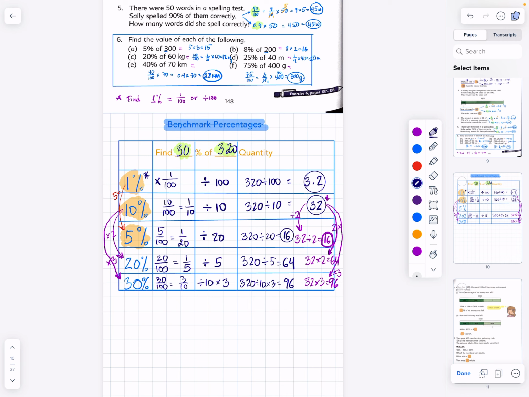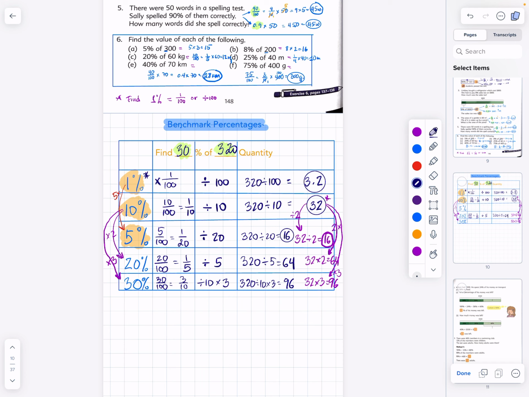So look at multiple ways to figure out our benchmark percentages, 1, 10, and 5%. Those are easy percentages. If you can find 1%, you can find 2, and 3, and 5, and 7. If you know 10%, you can find 20, 30, and 80, or you can find 5, right? By dividing it by 2. I hope this lesson makes sense for you.